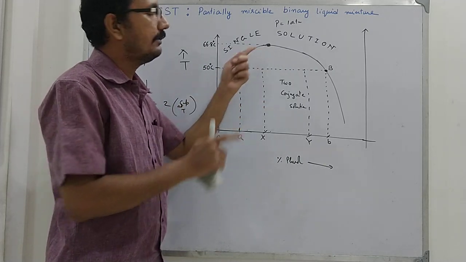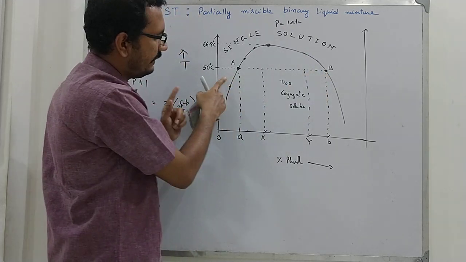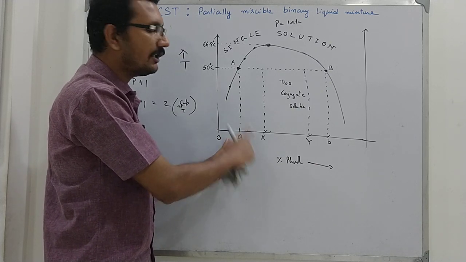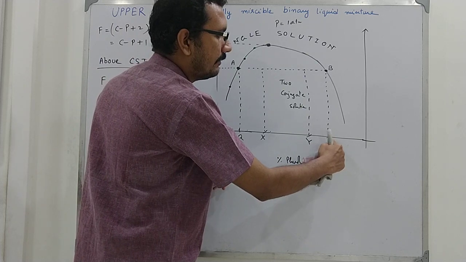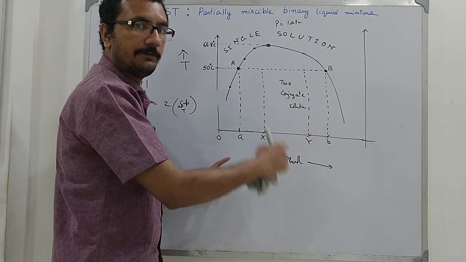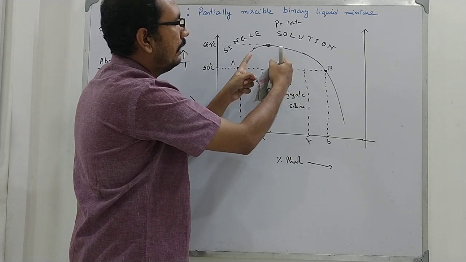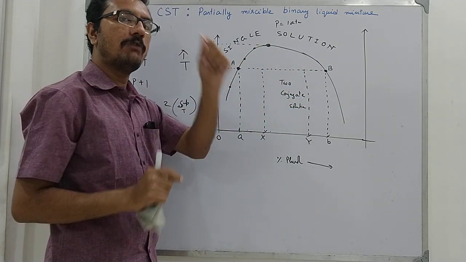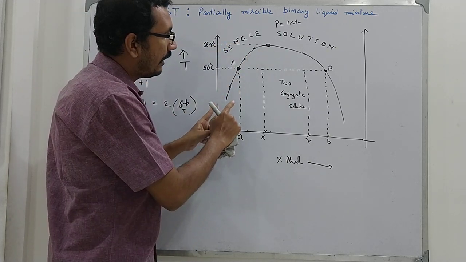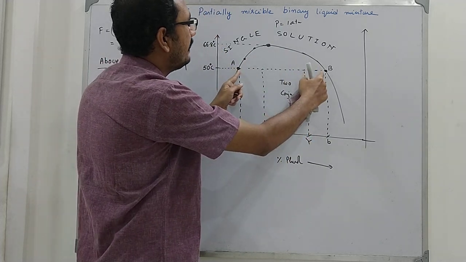These two different points indicate, one, less phenol, more water, so it is a saturated solution of phenol in water, and the other, more phenol, less water, so it is a saturated solution of water in phenol. With increasing temperature, these 2 points are coming closer, and at this temperature it merges into one point, so you will have both the compositions same.